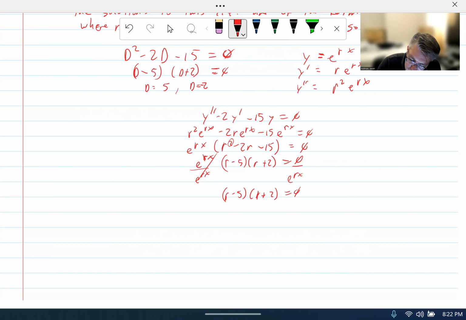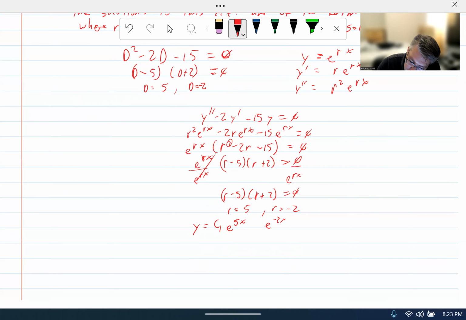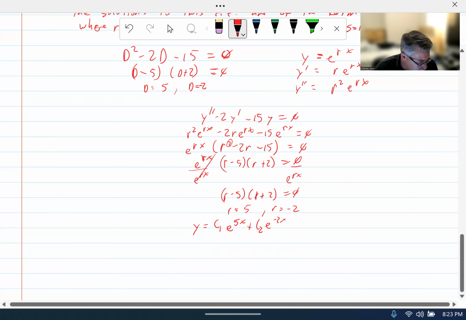If r is equal to 5 or r is equal to -2, then the solutions to this differential equation would take some sort of linear combination of e to the 5x and e to the -2x. So I don't know how many of each. So I can say y equals c1 e to the 5x plus c2 e to the negative.